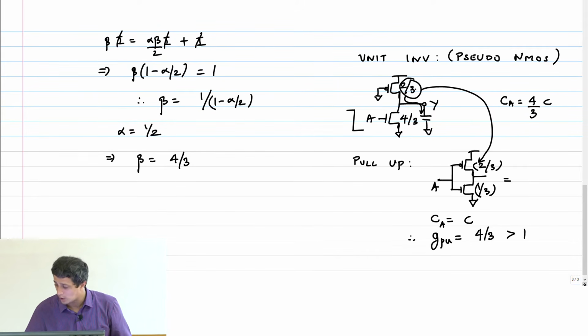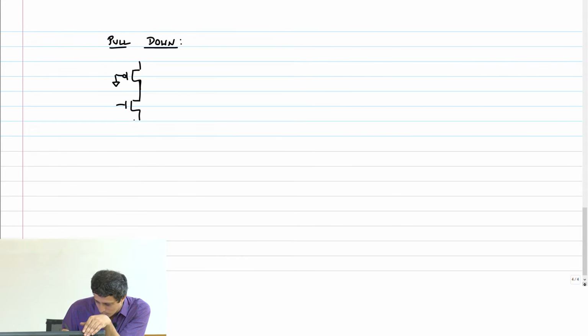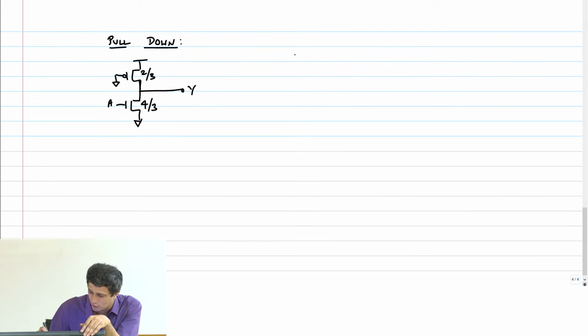Now, what about the pull-down logical effort? This is 4/3, 2/3, output Y. I am going to construct my reference inverter.